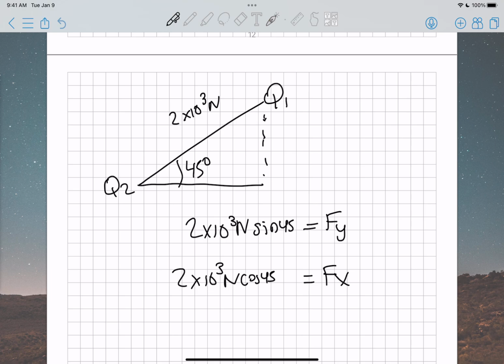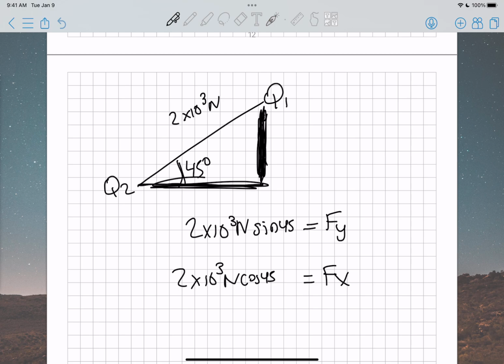That's the one I'm referencing. So you just take your force and multiply by sine 45 to get the y component, or essentially just the side opposite the angle, whatever that is. And then times cosine 45 to get the x component.